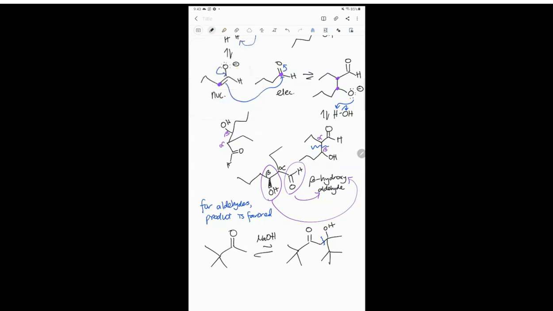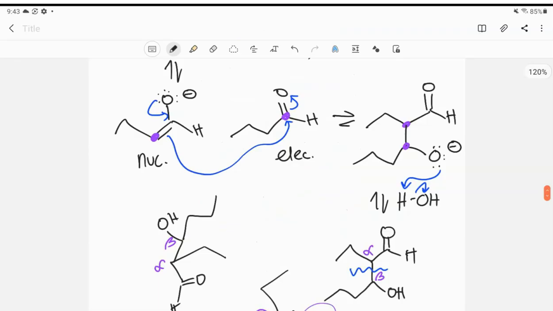And now, just to throw a wrench in everything, let me write that, by the way, ketones. We will typically favor the ketone over the aldol product of the ketone reacting with itself.